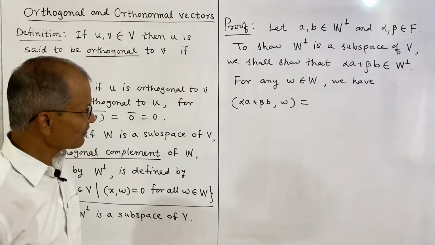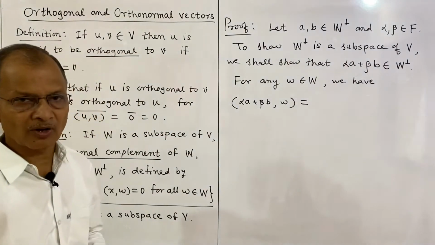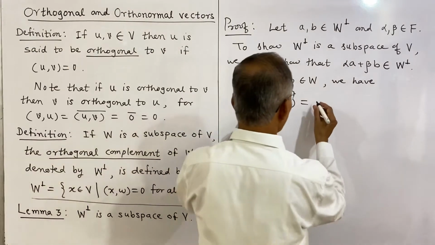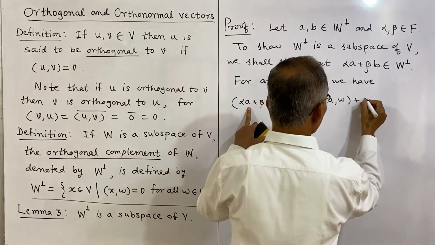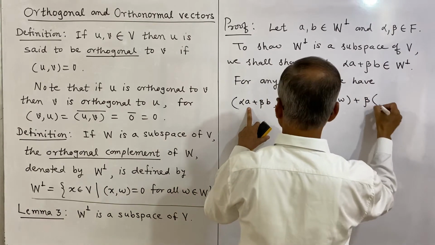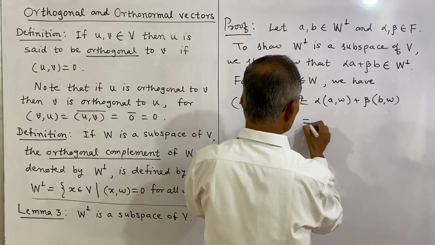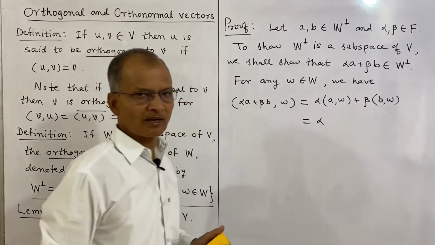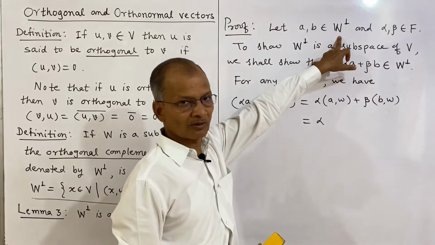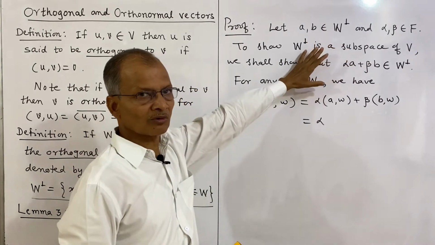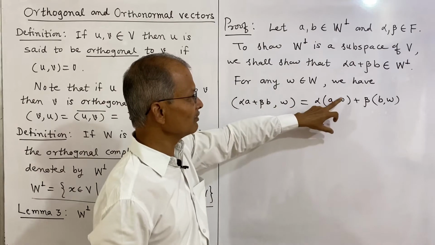Now it is easy to prove. We shall use the linearity property, the third property of inner product, and that will be alpha times the inner product of A and w plus beta times the inner product of B and w. What is the inner product of A and w? That is 0, because A belongs to the orthogonal complement of W. If A belongs to the orthogonal complement of W, then the inner product of A with any element of W is 0.